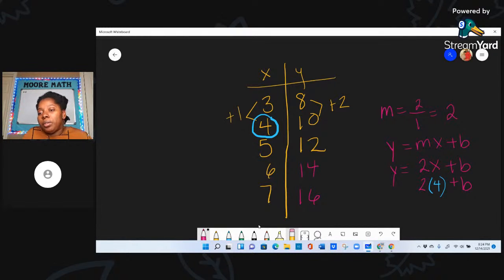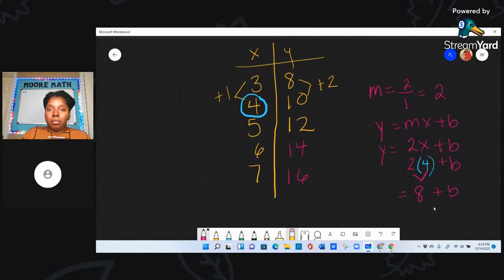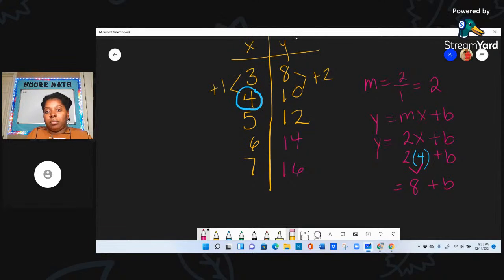Two times 4 is 8. Okay, so let's figure out what this b is, because when I plugged in 4, what did they say my y should be? Look at the table. What should my y be when I plug in 4? 10.